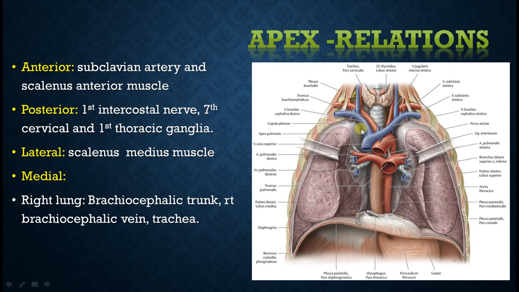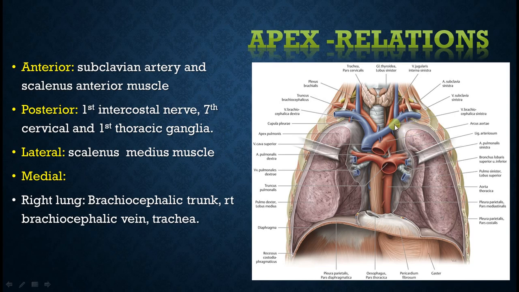You also have the phrenic nerve, which is descending medial to the pleura. The phrenic nerve, of course, is not shown here, with the pericardiophrenic vessels. The phrenic nerve is going to supply the diaphragm, and the pericardiophrenic vessels will be related on the right side. So mainly the right brachiocephalic vein, the brachiocephalic trunk, then the right edge of the trachea.